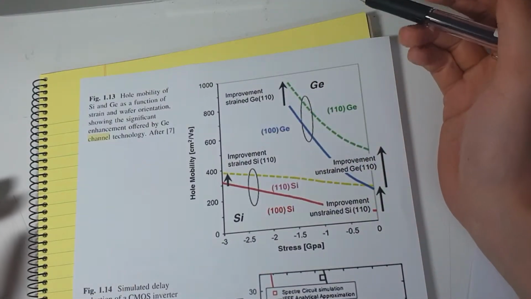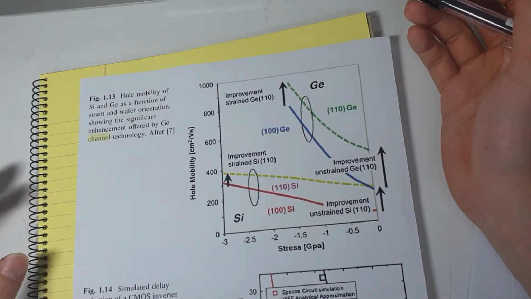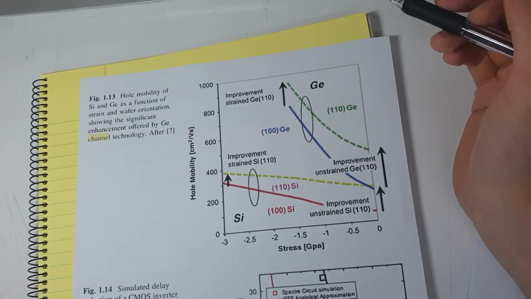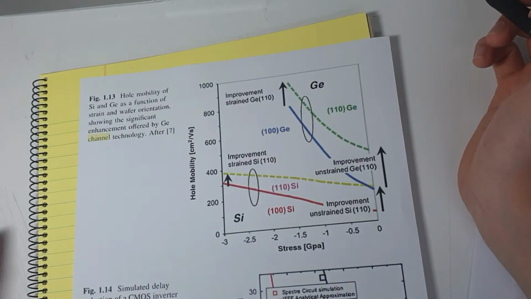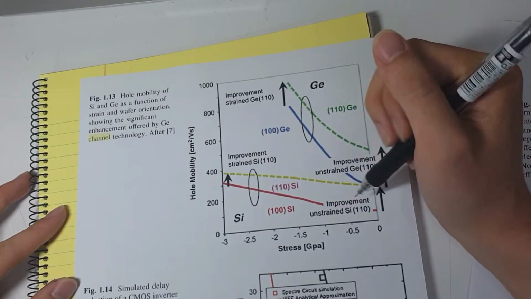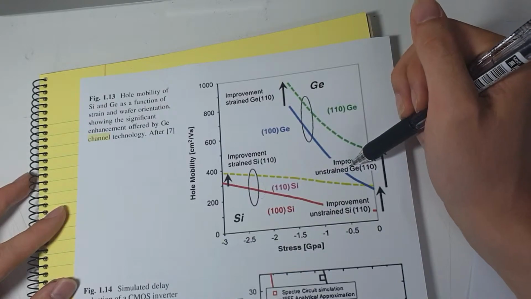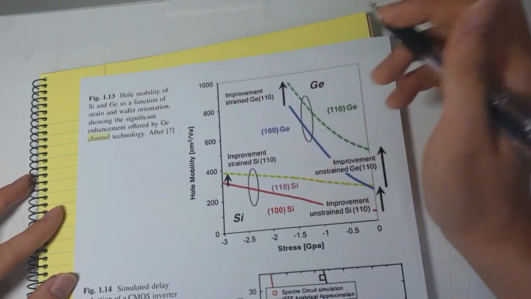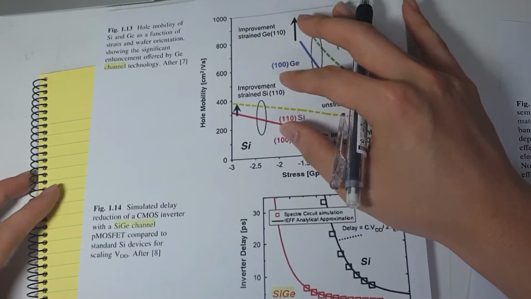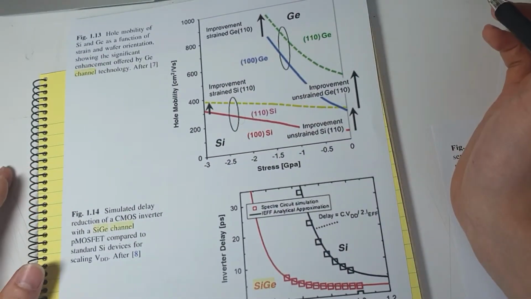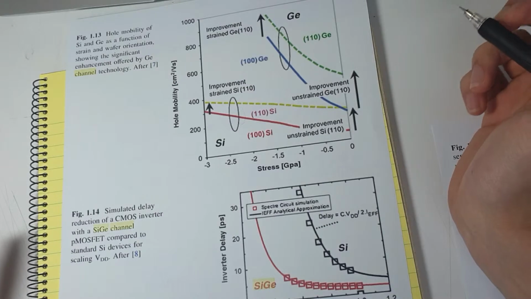In 1.13, there is a graph of hole mobility of silicon and germanium. After the material gets strained, its mobility increases. And in 1.14, there is a graph of delay according to drain voltage.